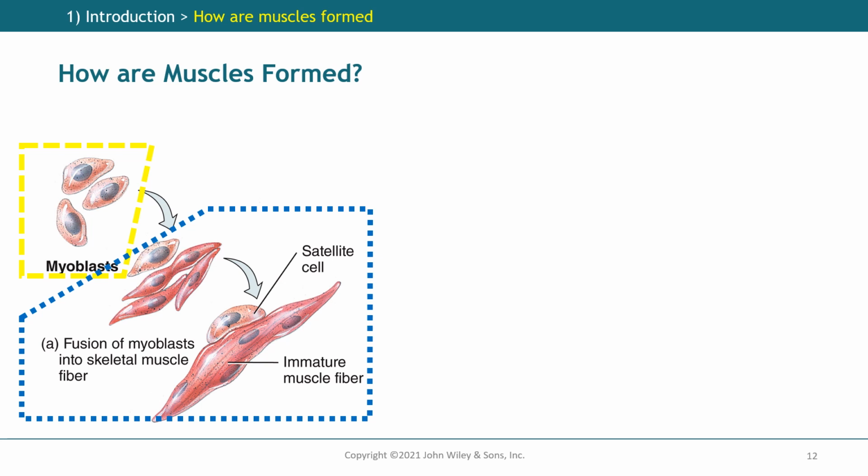To understand the process of myogenesis or muscle formation, you need to remember two types of cells, one in yellow and the other ones that are in blue. The first type of cells are called myoblasts, the immature cells, the progenitor cells. Myo means muscle, and in every cell name, the root blast means that it's an immature cell.